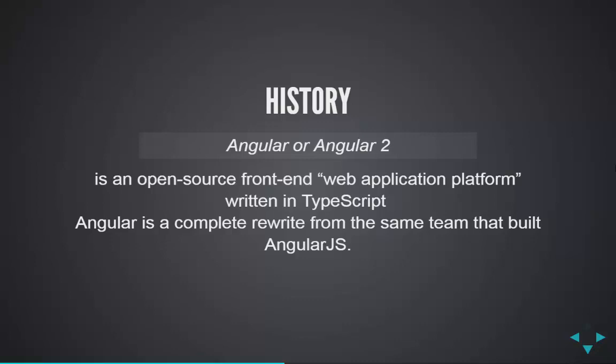It is a web application platform which is ahead of AngularJS, and is written in TypeScript. Angular is a complete rewrite from the same team that built AngularJS. So the code of Angular is written by the Google team who wrote the code of AngularJS.